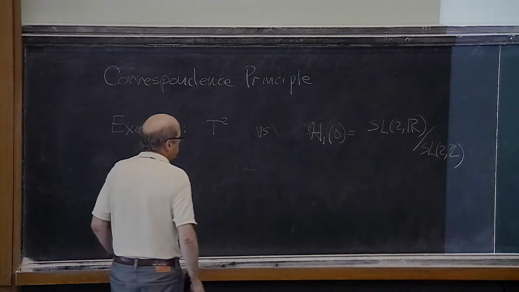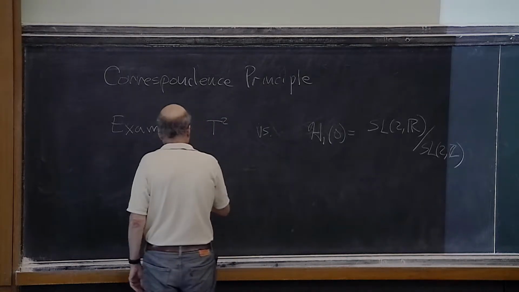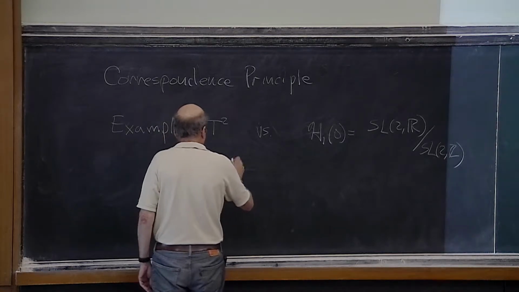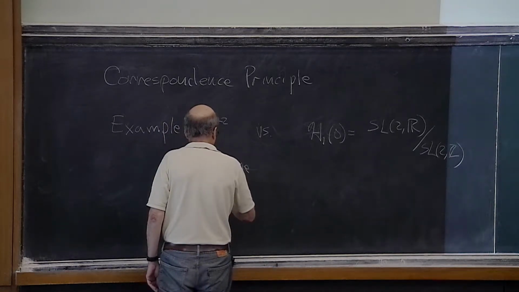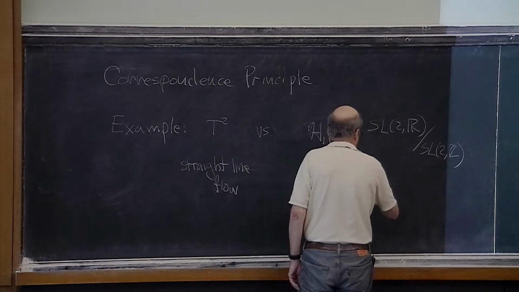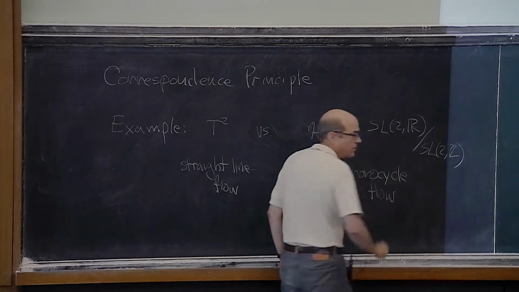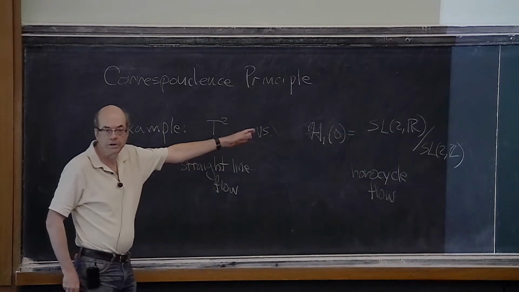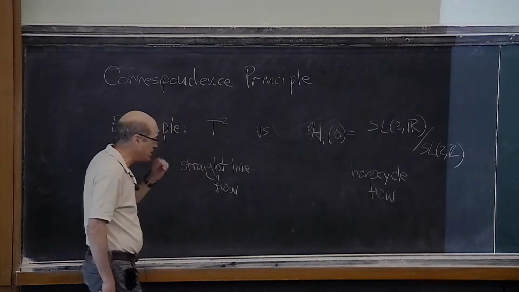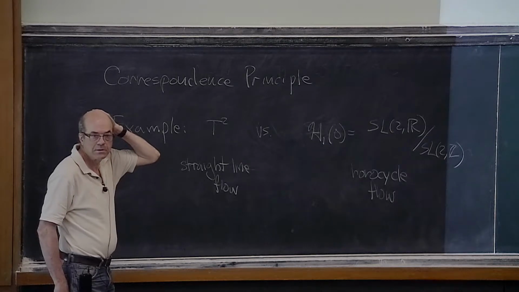And the correspondence, let me be more specific, here it involves the straight line flow. And here I want to specifically look at the horocycle flow. It's not the only flow that we've been discussing, but this is where I want to suggest that there's some kind of correspondence between the two situations.